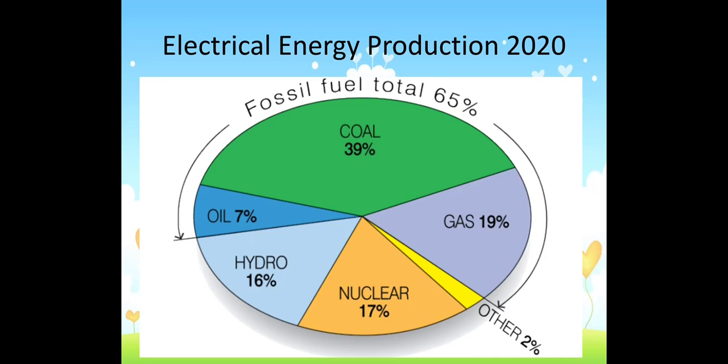Electric energy production around 2020, as an approximate value. Look at this chart. We use up to 65% fossil fuel. Nowadays fossil fuel usage should decrease every day. The remaining share, hydro and nuclear sources, should make the major contribution.